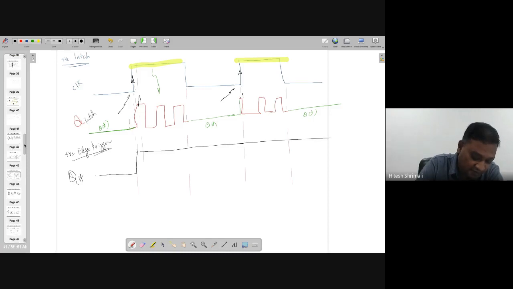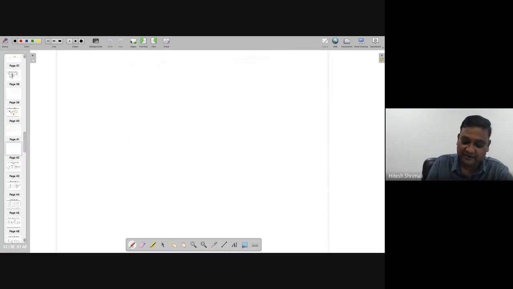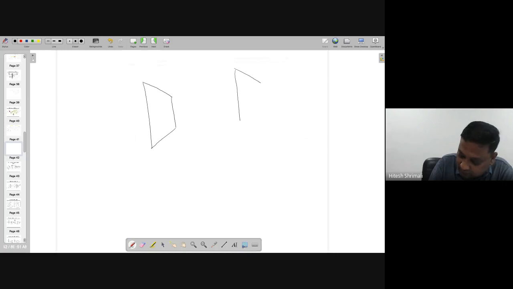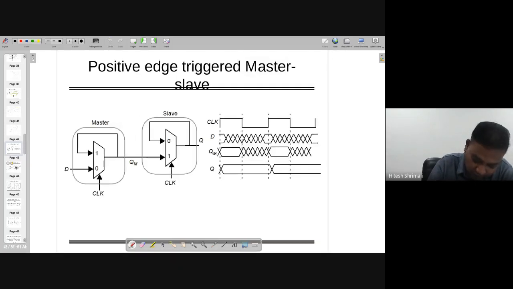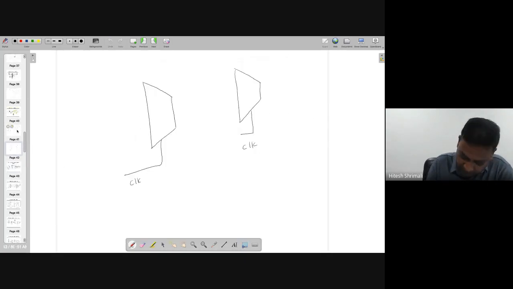So if I want to make such system, what I can do, I can connect, so when clock, and both are clock, when clock equal to 0, I want that the output should go other side, should be like this.